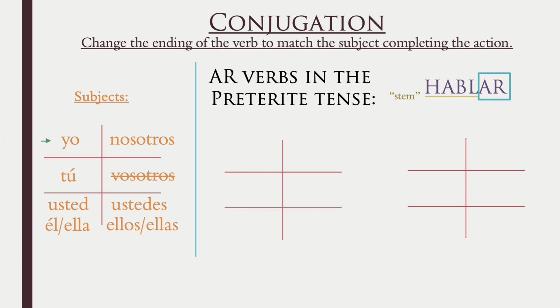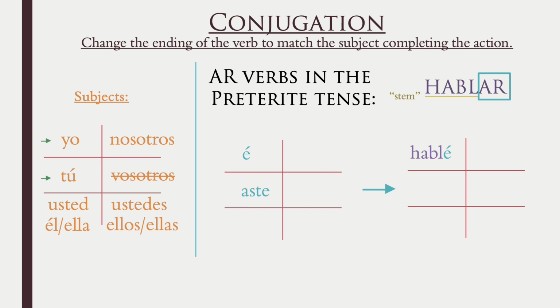So if I want to say that I spoke in the preterite tense, I will keep my HABL the same, and the ending I'm going to switch the AR out for is A with an accent on it. So that would become hablé, I spoke. If I want to say you did it, the ending is aste.